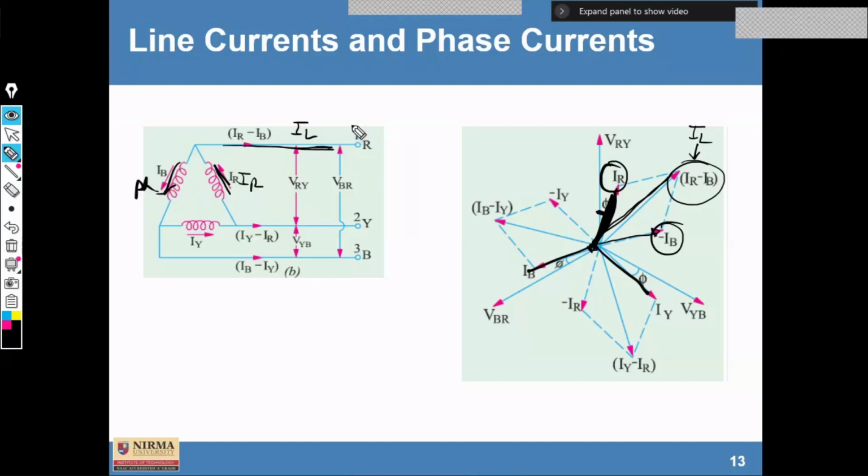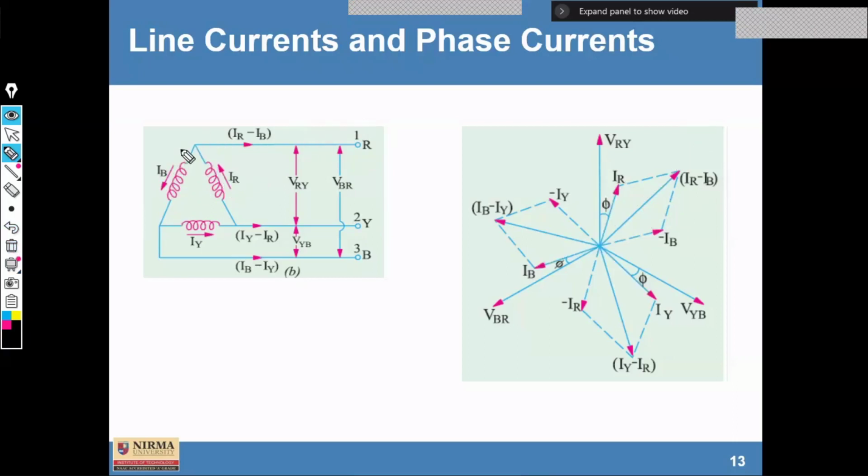So in line R, the line current is nothing but the addition of two different currents flowing through that junction. IB is flowing, IR is also flowing, but IR is out from this junction and IB is into the junction, as the current is flowing in this direction. So we can write IR minus IB. Similarly, we can represent the same thing in this phasor diagram also.